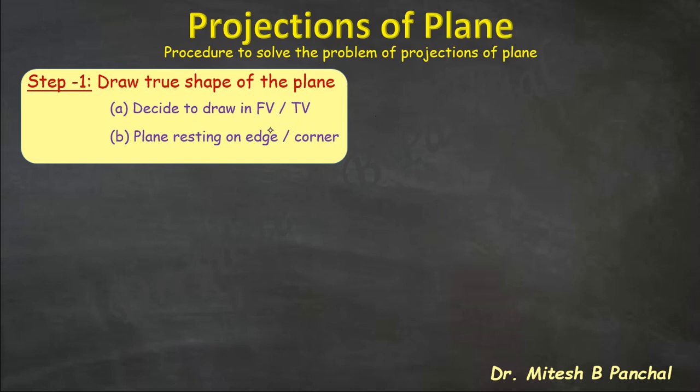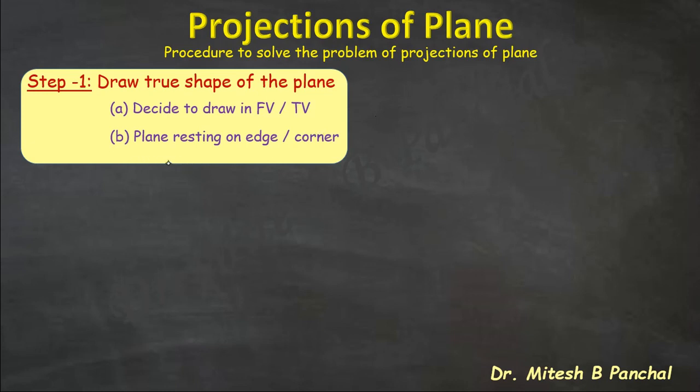If surface inclination is given with respect to VP, then consider plane parallel to VP. That means we can obtain true shape in front view. If surface inclination given with HP, then for true shape we will consider plane parallel to HP. Then in top view we will get the true shape.